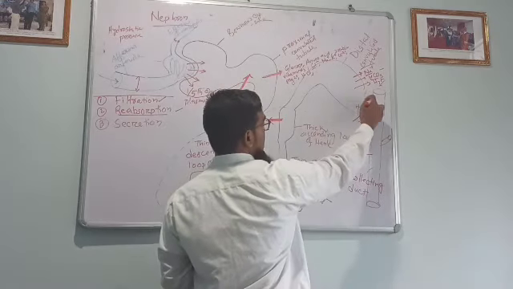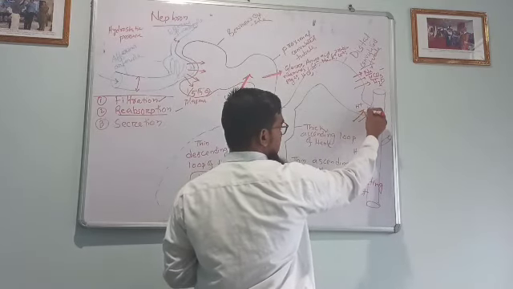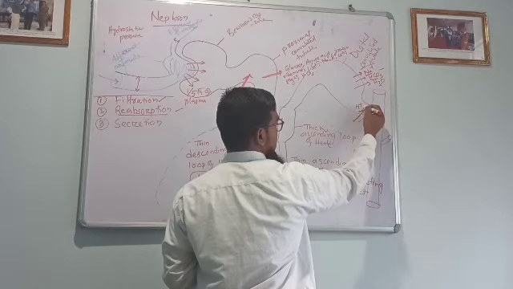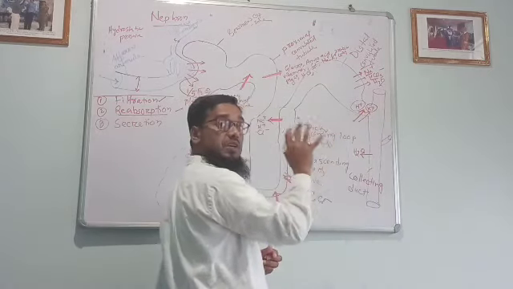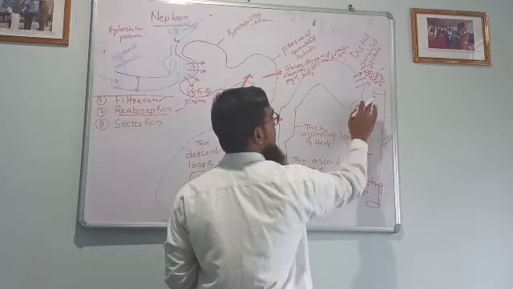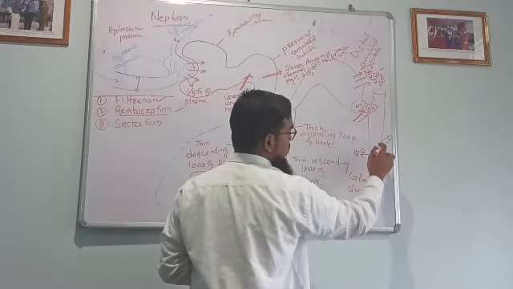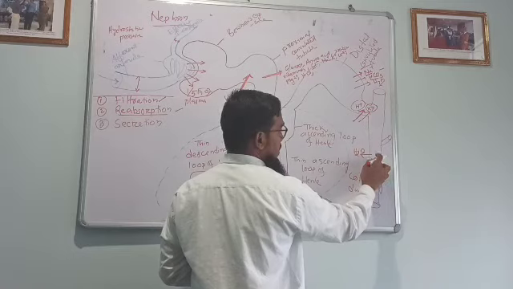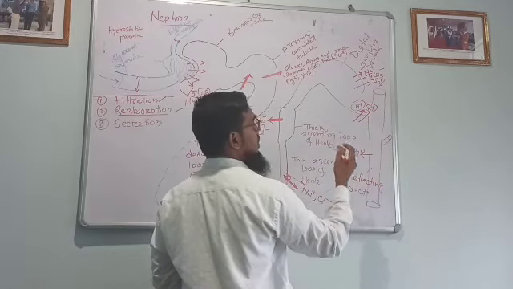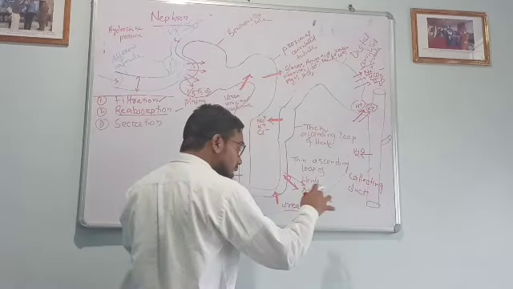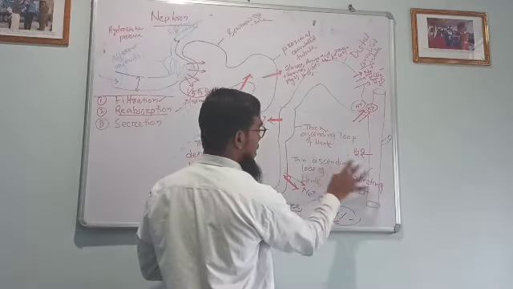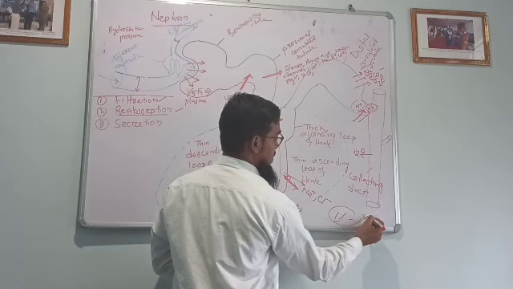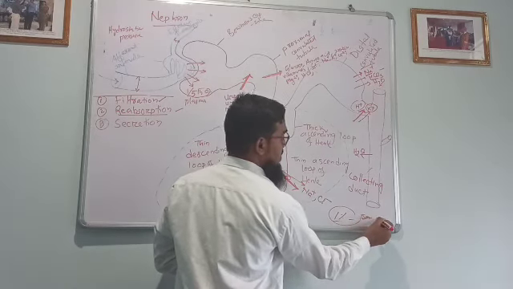After that, H plus ions and potassium are secreted in the distal convoluted tubule to maintain the pH of the blood, and finally they move to the collecting duct, and in the collecting duct the last minimum water is reabsorbed, and finally overall 1% of the total filtrate will be excreted as urine.